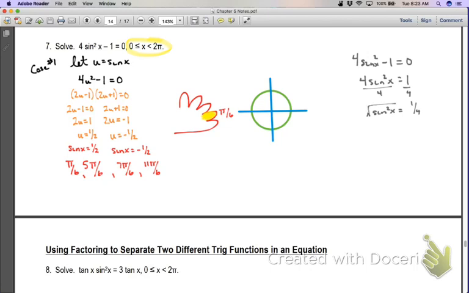Take the square root of both parts and get sine of x equal to plus or minus 1/2. And then going with finding your spots as far as when it was 1/2, when it was negative 1/2.